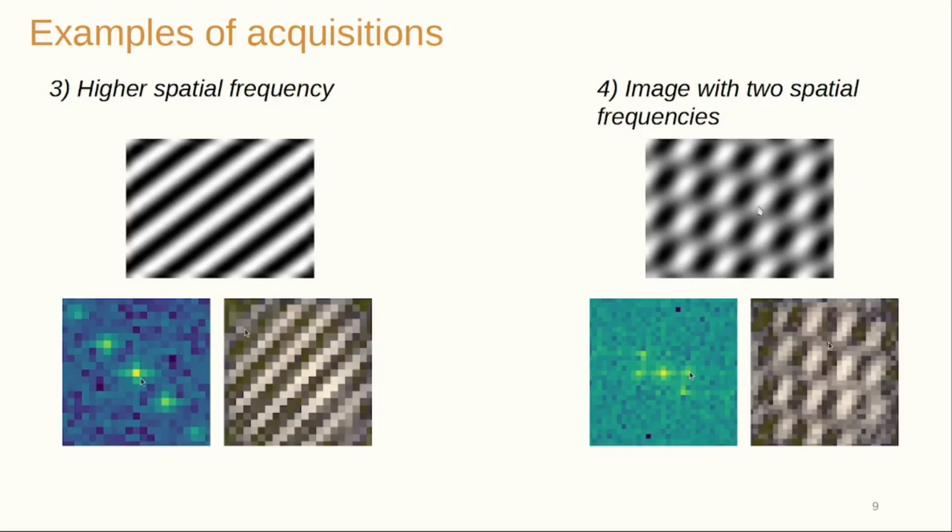And we can also combine two sinusoidal patterns. Here there are some vertical stripes and some tilted stripes together, and we can find the two pixels here in the Fourier space. And if we compute the inverse Fourier transform, we are able to find the picture from the beginning.